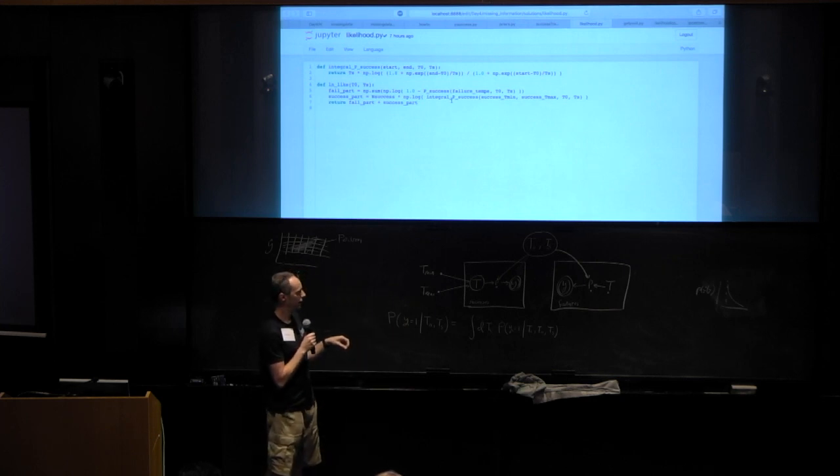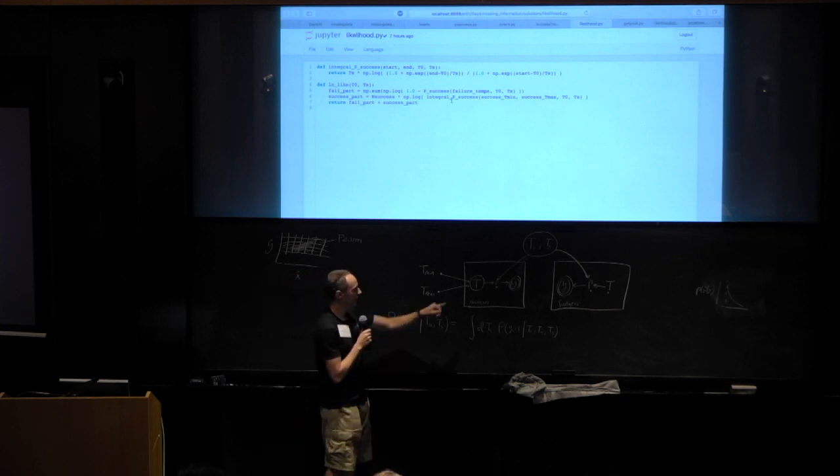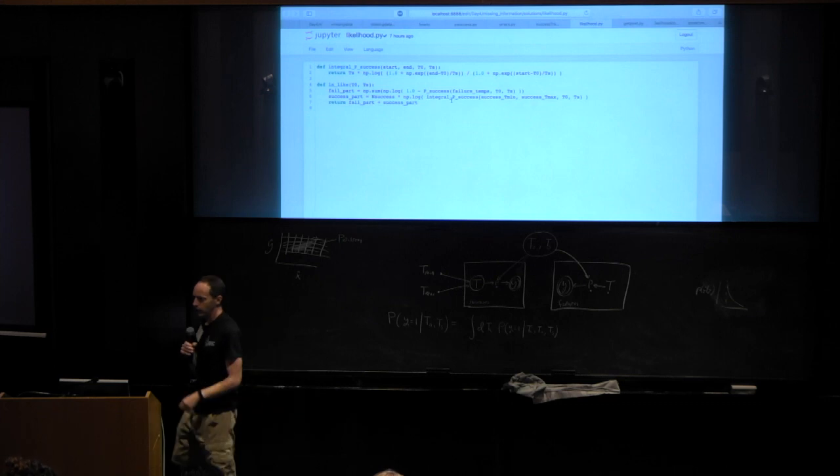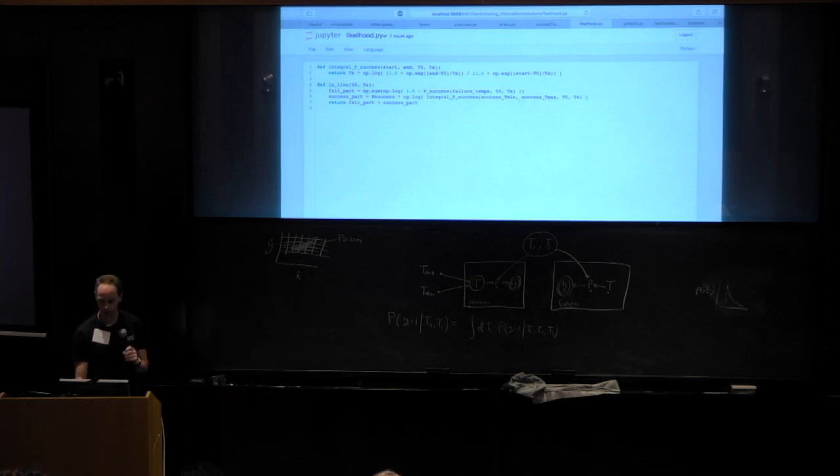I can't remember if I said you had the freedom to choose what this distribution was or whether it was assumed to be uniform. I assumed that it was uniform. And so this integral is the integral of the logistic function between two bounds that we decided. If you go to Wikipedia, it will tell you what that is, minus this Jacobian term in front. And if you code up that thing, it has a log in it also, but it's just this expression.